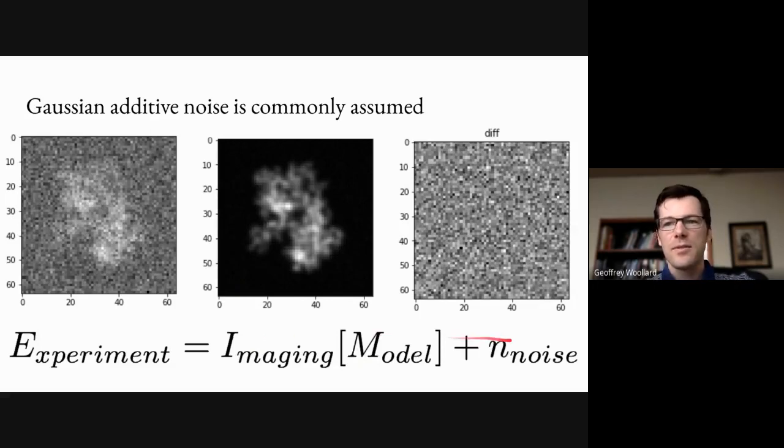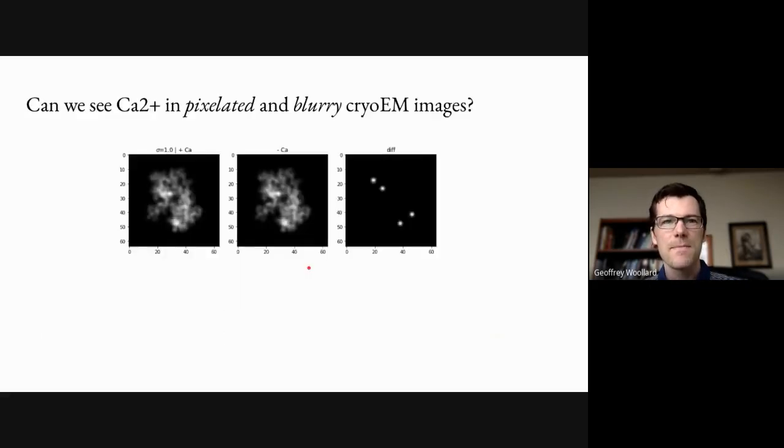The noise, all bundled together, shot noise, electronic noise, is modeled as additive Gaussian noise, which can get quite far. And the actual experimental data doesn't even look like this. There's even more noise, but I just wanted to have you see that image.